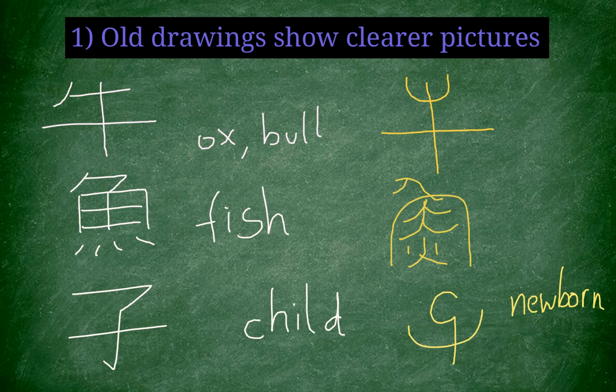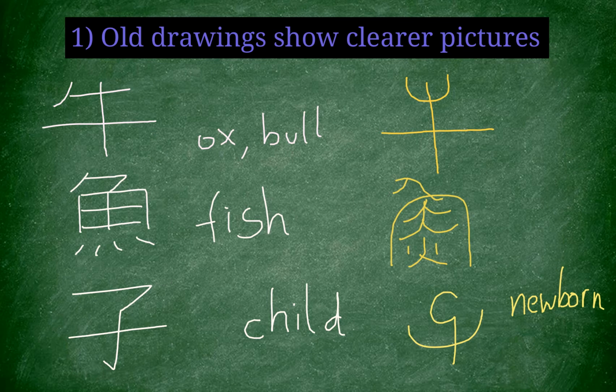Because this character showed itself to be the head of the baby, the head right here, the body, and then the arms. But where are the legs? Well, apparently because it's a newborn, it is just being born. So this is the representation of the child. So is this making a little bit more sense how the pictures here are showing what the old drawings actually meant from the modern meanings here?